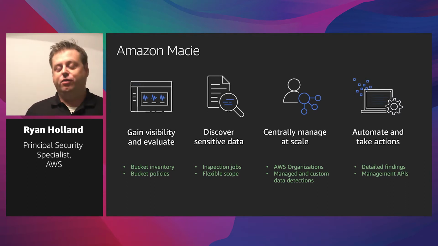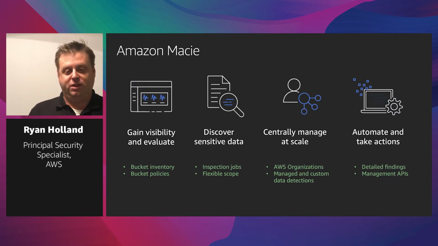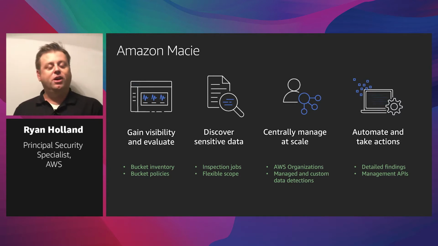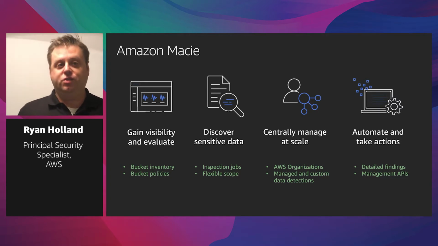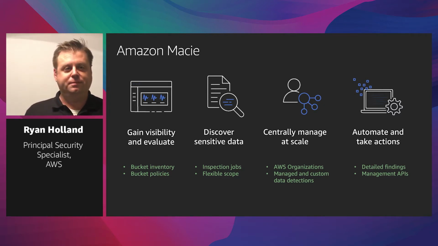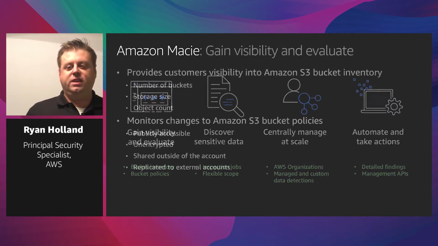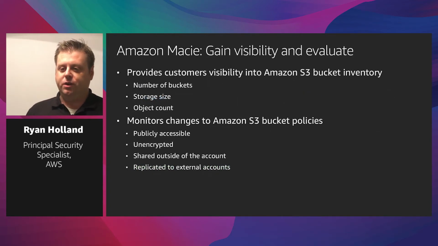So, for example, if you detect sensitive information, you don't have to have someone watching a console to understand that. You have the ability to respond to that through automation, as well as use our APIs to fully manage or make changes to how your configuration is set up. Now I'll go a little bit deeper and walk through how these different features actually work.